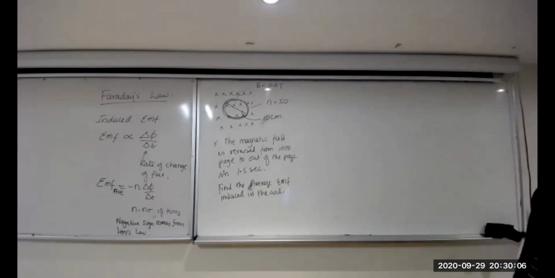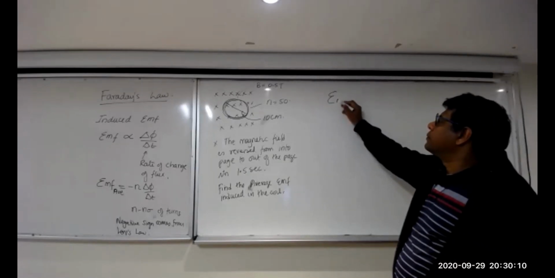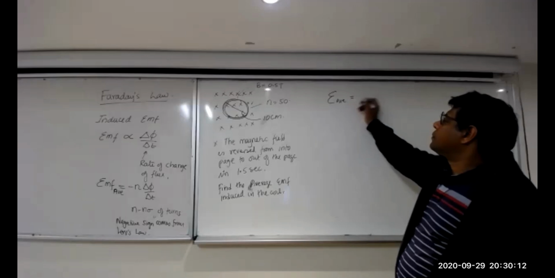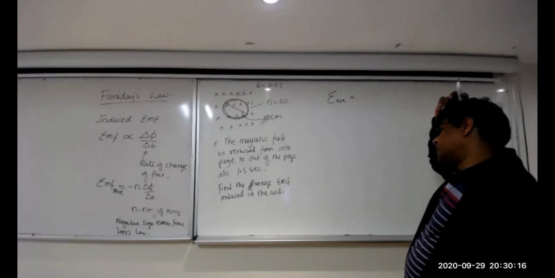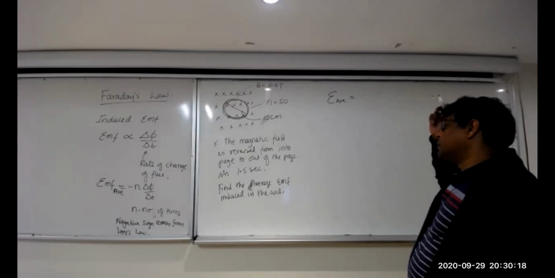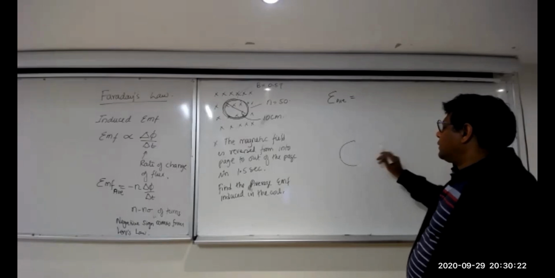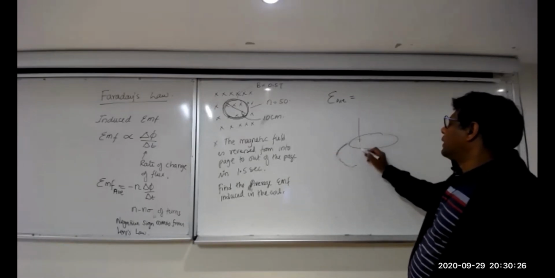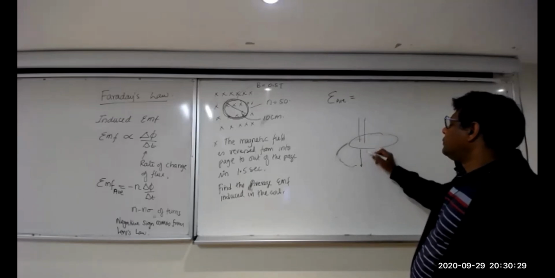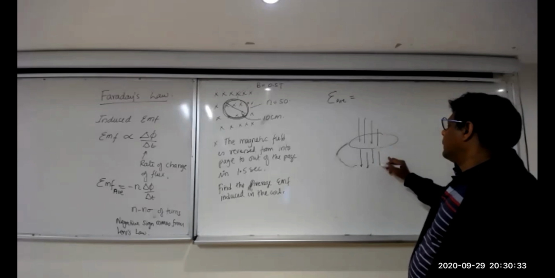Okay, guys, give it a try. Find the average EMF. You have to consider the angle, with flux going in or out as positive, cos 0. Remember the angle. If I draw it, initially the magnetic field is going like that. We're talking relative to the area vector.